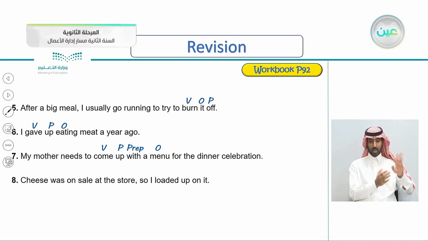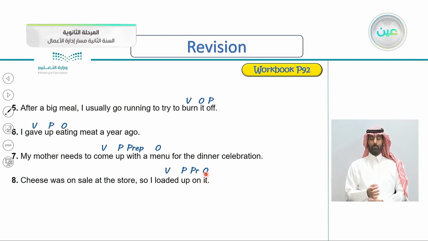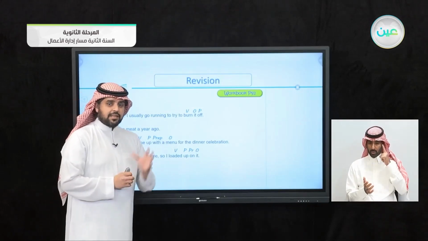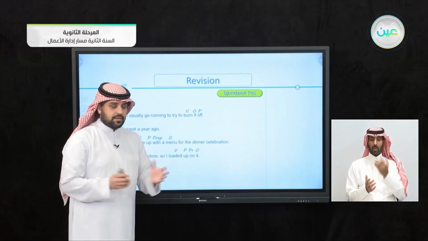Where's the object? And if there is a preposition, let's see the answer here. Loaded is the verb, up is the particle, on is the preposition, and it is the object. Of course, it's a pronoun. So excellent. Now I'm sure that you understand that lesson, the phrasal verbs.